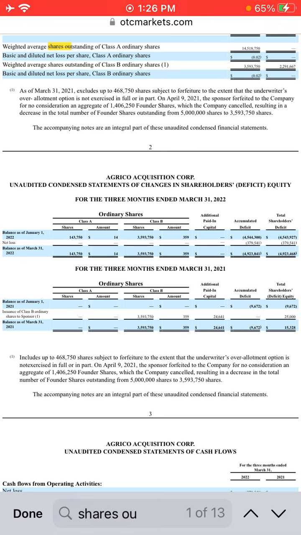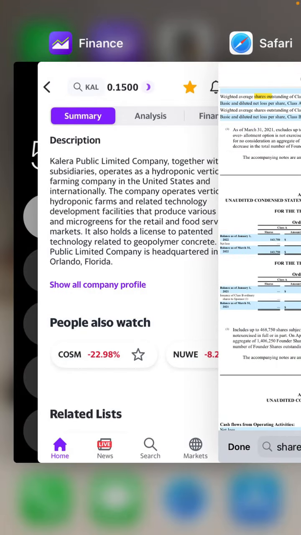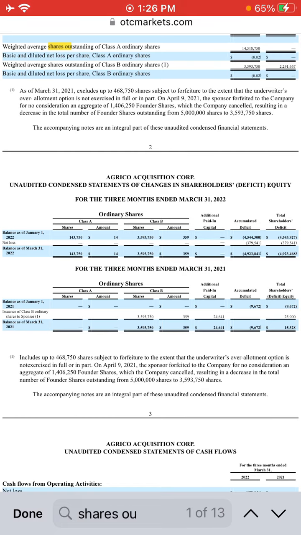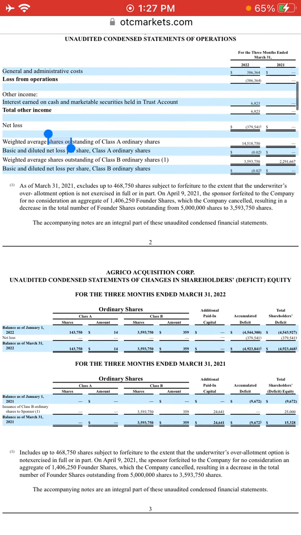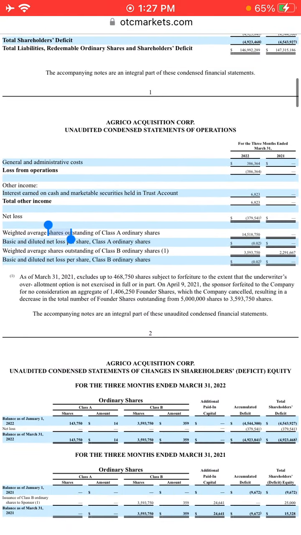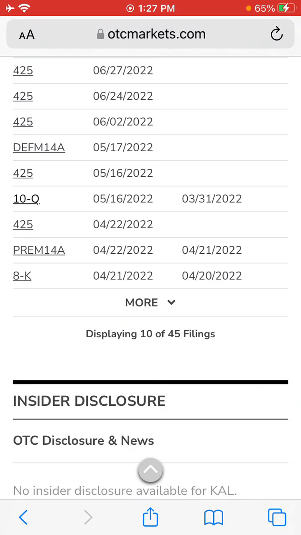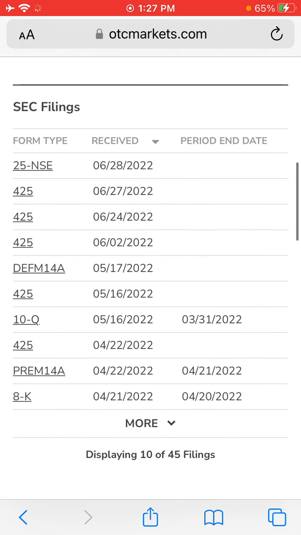And so here we're getting different numbers. So this isn't close to 77 million. So if the float is suddenly increased a lot, I'm thinking maybe they did some kind of offering or something.